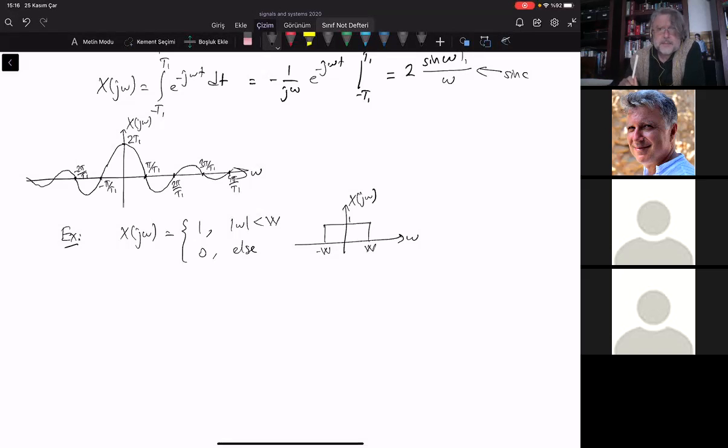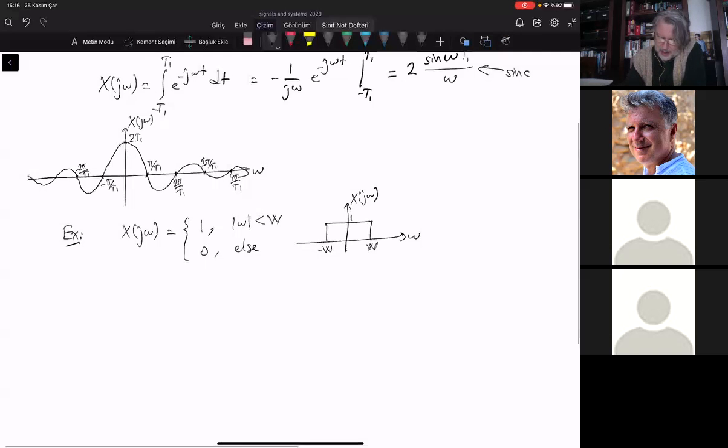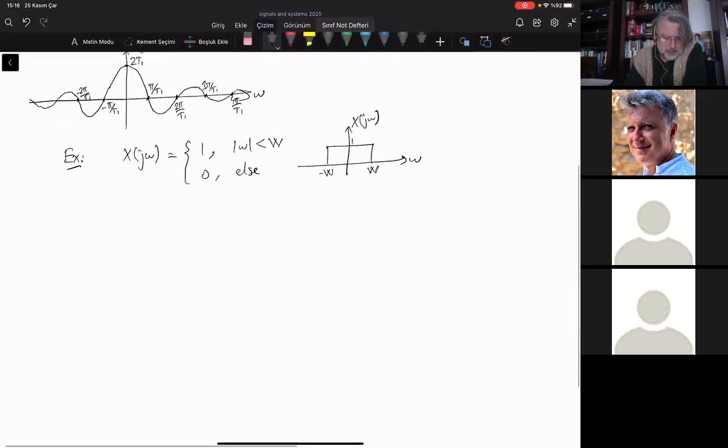So this time, the rectangular box shape is in the Fourier domain. And as we can see, it's the perfect or ideal low-pass filter. So what's the time domain version of an ideal low-pass filter is the question. And we can write it using the formula, but I'm not going to evaluate from the formula. I will just write down the result.